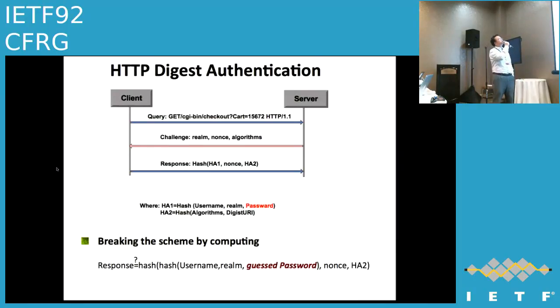An attacker can record all the transactions between the client and the server, and use the following formulas to compute, using a guessed password to compute the hash messages and compare the response. If they are equal, this means he got the right password.